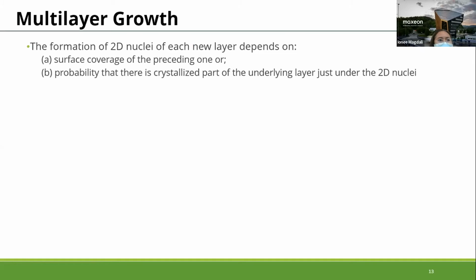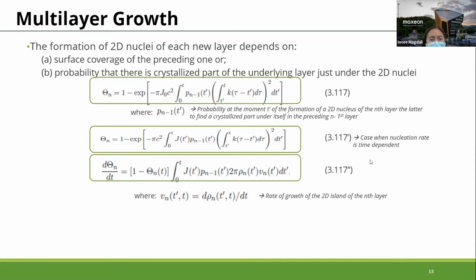So the formation of the 2D nuclei of each new layer depends on the following. First, the surface coverage of the preceding one, or the probability that there is a crystallized part of the underlying layer just under the 2D nuclei. So here are some equations again, equations 3.107 up to 3.107 double prime.